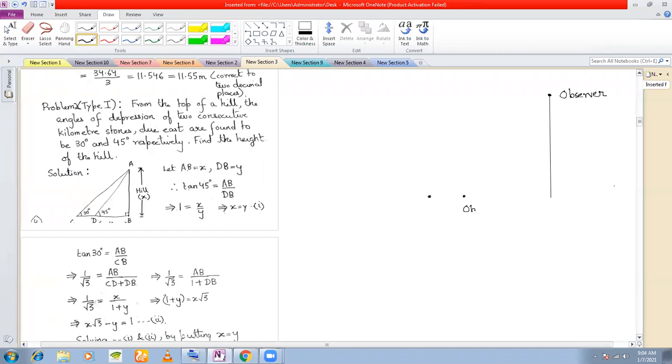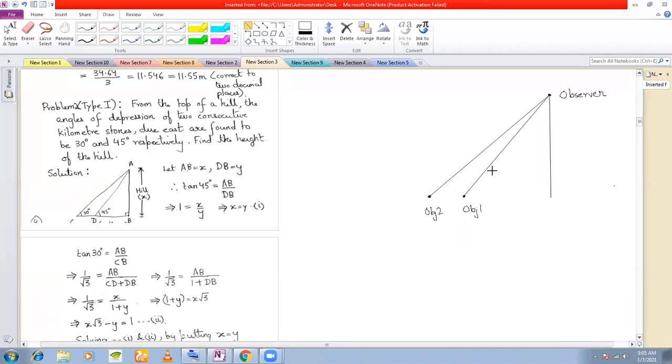These two are your objects, object one, object two. The observer is observing the first kilometer stone here and the second kilometer stone here. These two are his lines of sight.